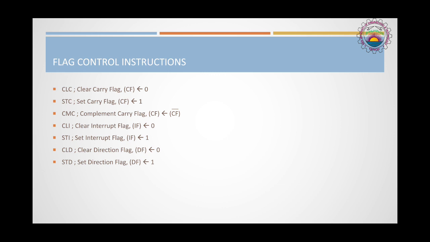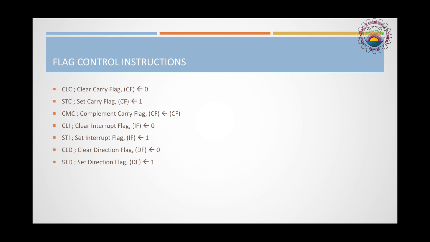Now we are going to discuss flag control instructions. We have discussed flag control instructions earlier for the interrupt flag and direction flag. Here we have some instructions for the carry flag, some for the interrupt flag, and some for the direction flag. The carry flag may be assigned logic 0 by using the CLC instruction, clear carry flag.